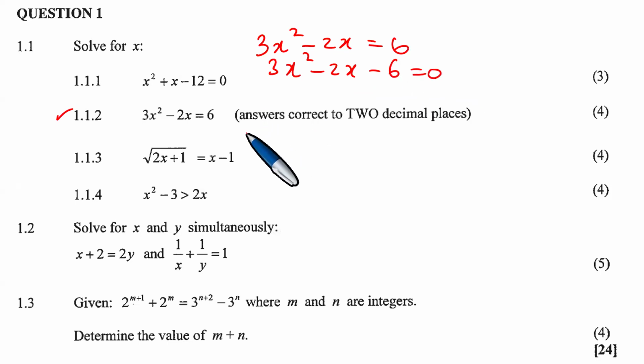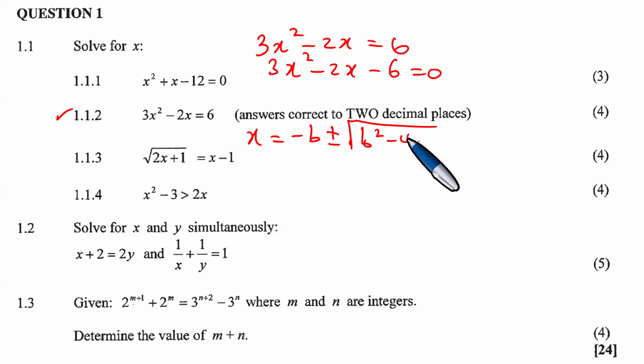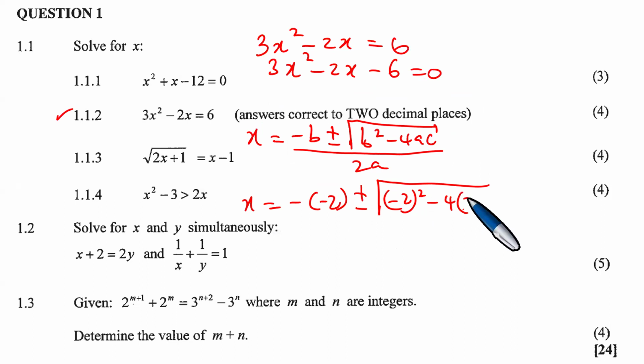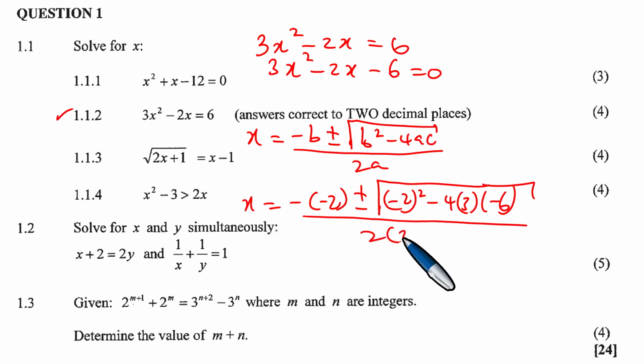From which we see that x equals minus b plus or minus the square root of b squared minus 4ac, all over twice a. So this is minus minus 2 plus or minus the square root of 2 squared minus 4a, and c is exactly that, divided by twice a, which is 3.